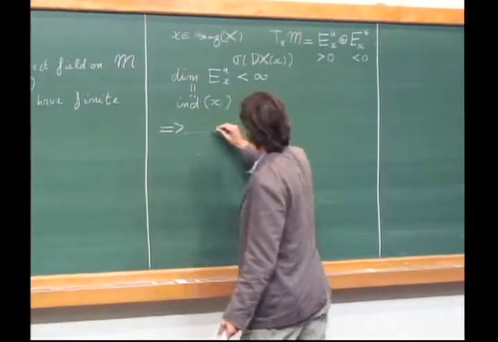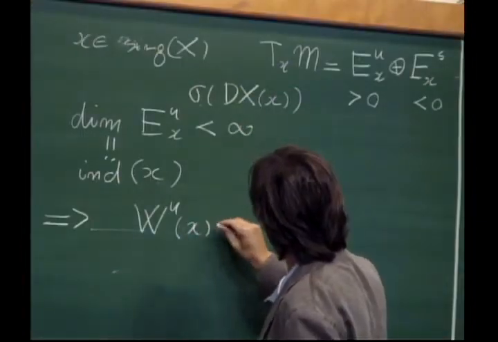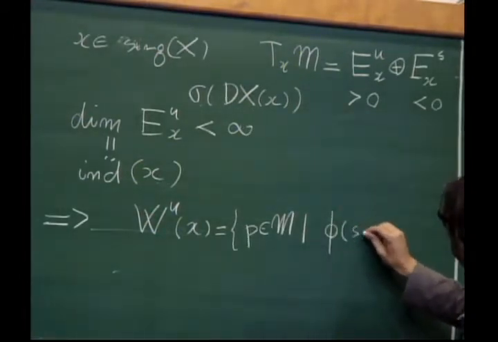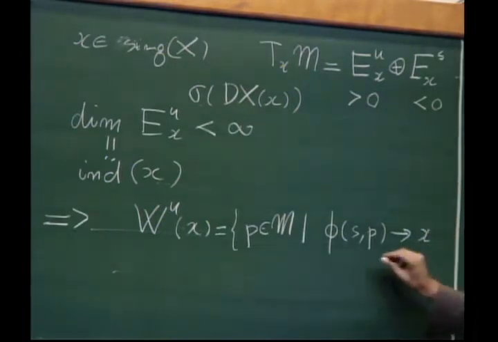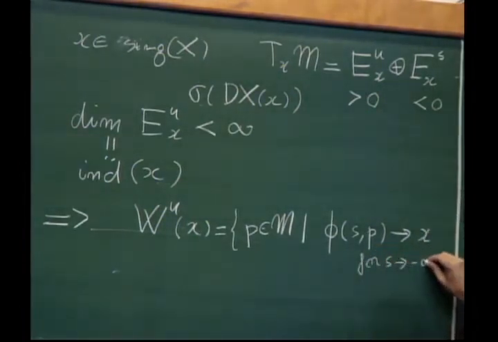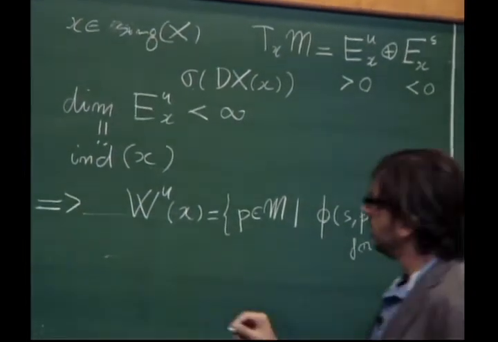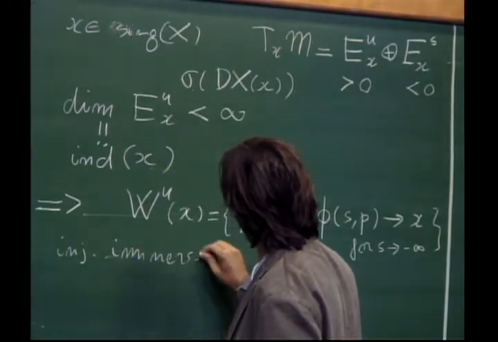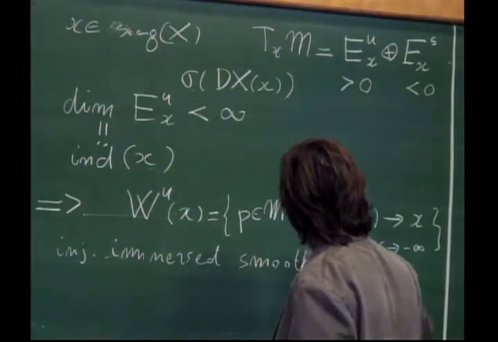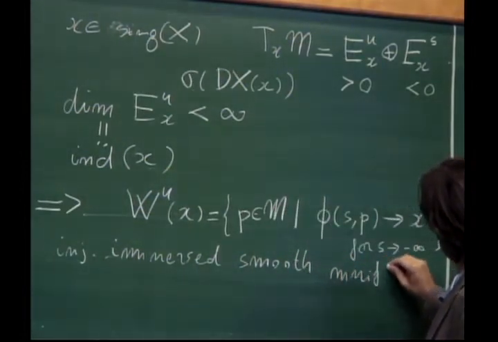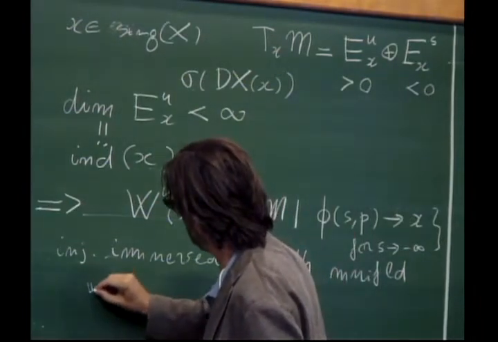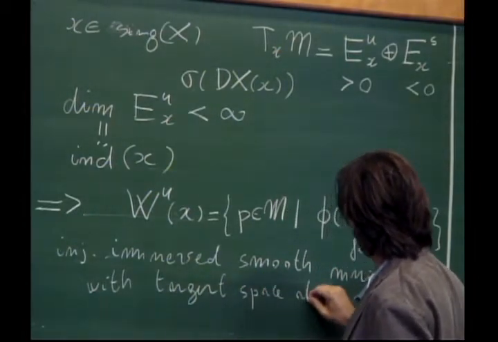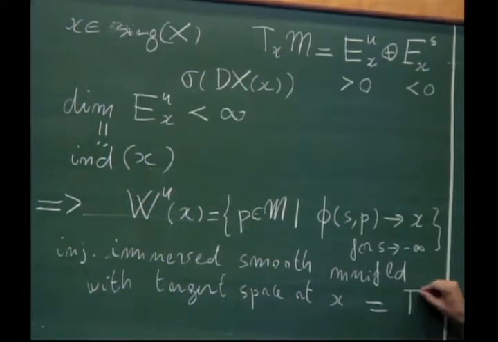So this fact implies that the unstable manifold of x, that is the set of points in M which flow towards x for s going to negative infinity, is an injectively immersed smooth manifold with tangent space at x equal to E^u_x.